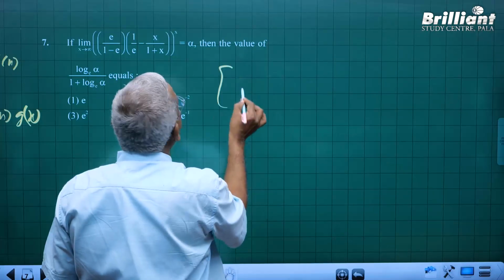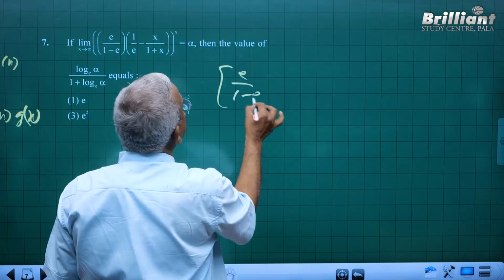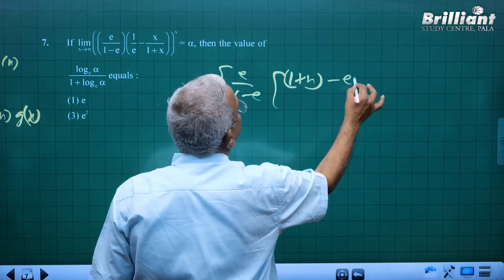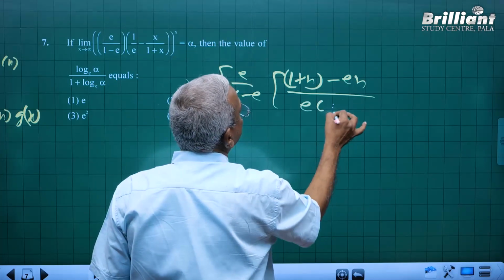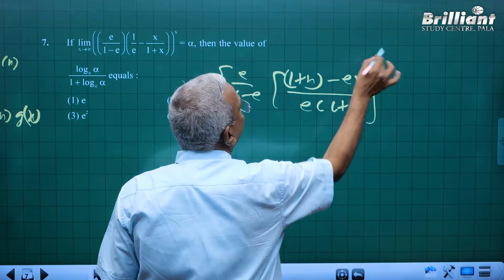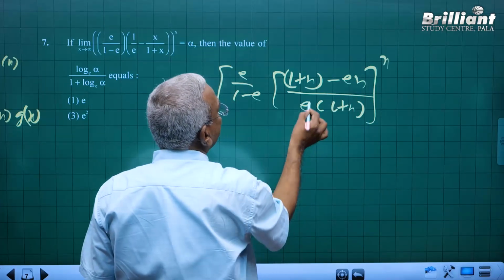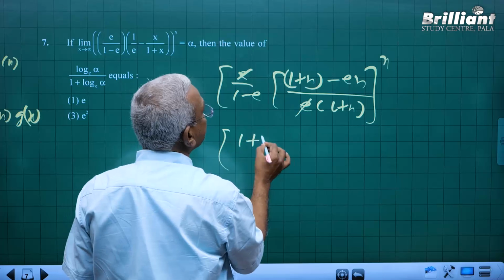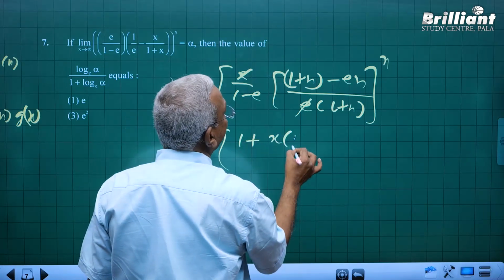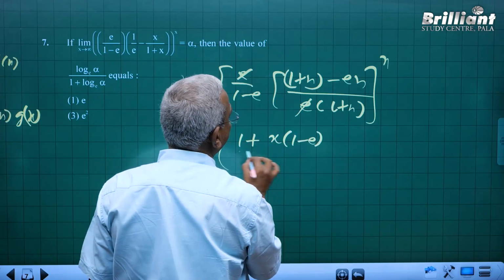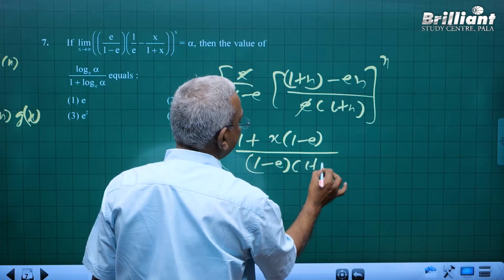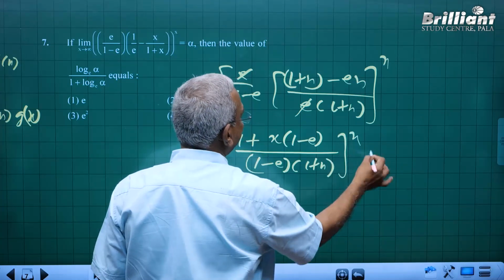So we can see that expression as (e by 1 minus e) into (1 plus x minus ex) divided by e into (1 plus x), whole raised to x. So we can cancel these two terms, which will be in the form (1 plus x into 1 minus e) divided by (1 minus e into 1 plus x), all raised to x.